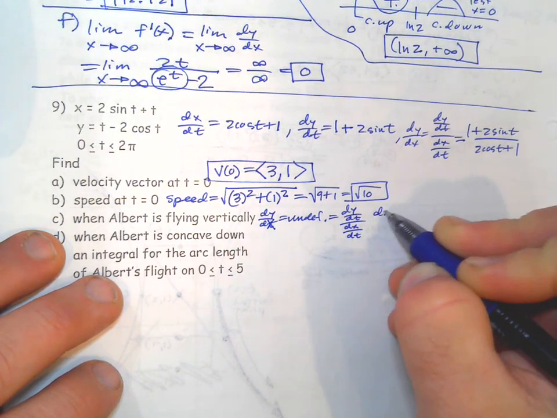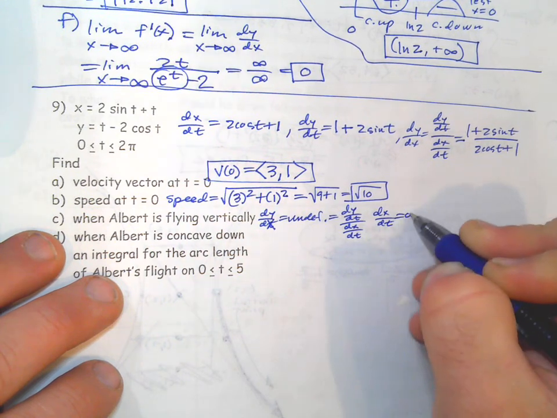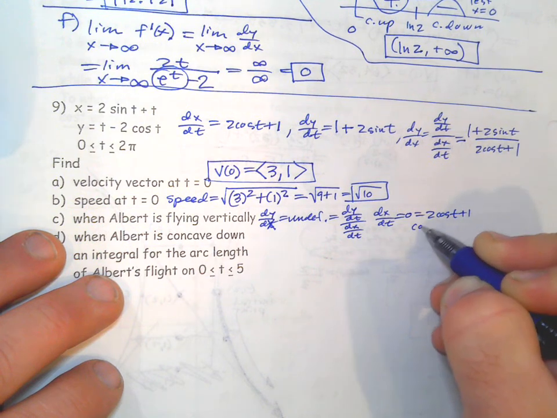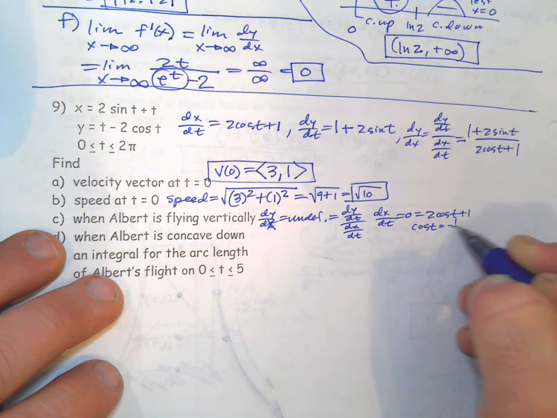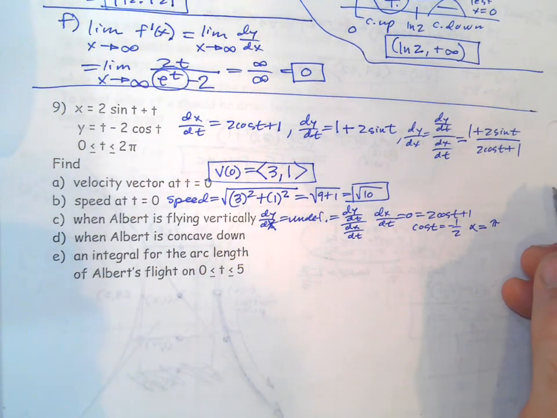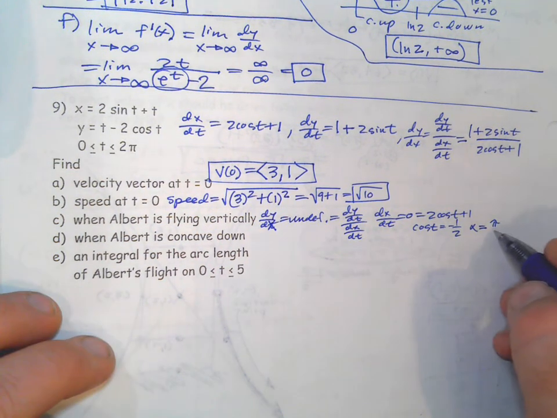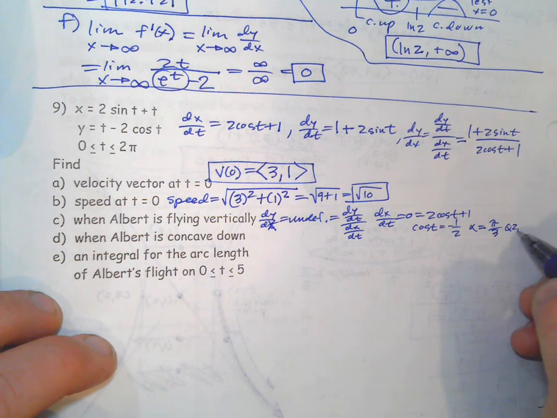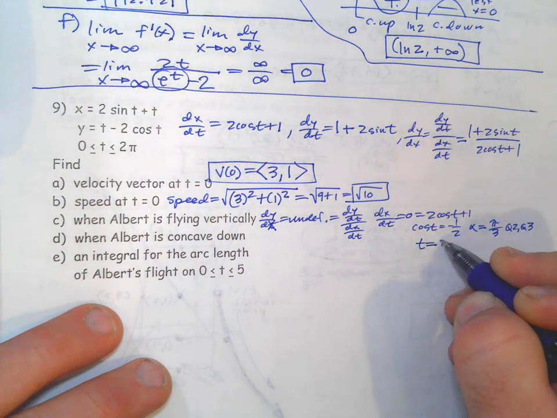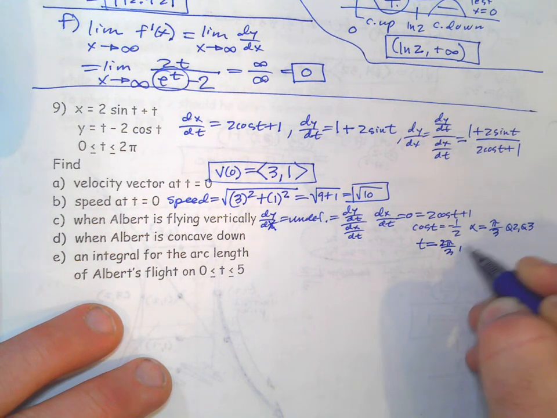So it's going to be when dx dt equals 0, which is 2 cosine t plus 1, so cosine t equals -1/2. The reference angle is, so cosine is 1/2. It goes from 1, root 3 over 2, root 2 over 2, 1/2, so it's going to be 0, pi over 6, pi over 4, pi over 3. And it's quadrants 2 and 3. So it's going to be t equals 2 pi over 3 in quadrant 2 and 4 pi over 3 in quadrant 3.